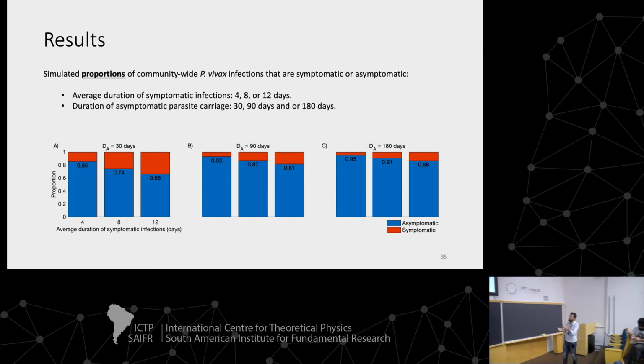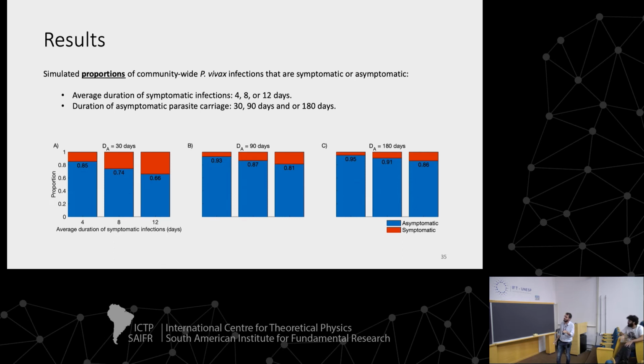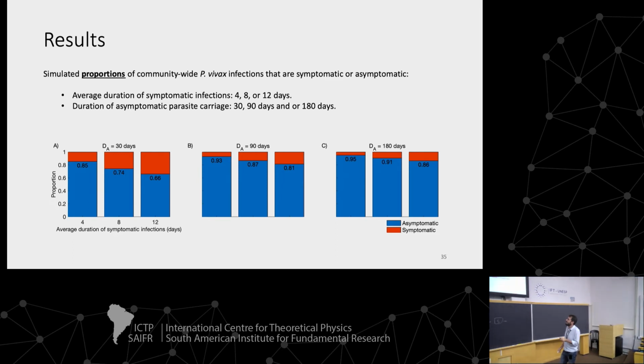With those assumptions, the proportion in our city of asymptomatic and symptomatic infections that are infectious to mosquitoes varies according to those graphs. So let's take a look at the 30 days asymptomatic infection duration.